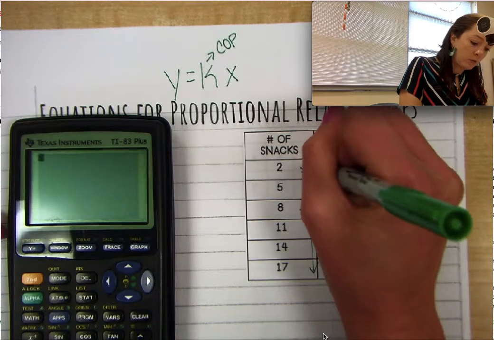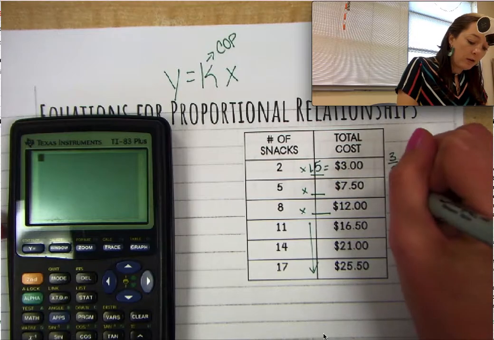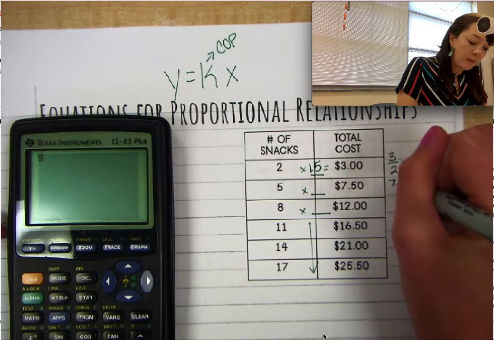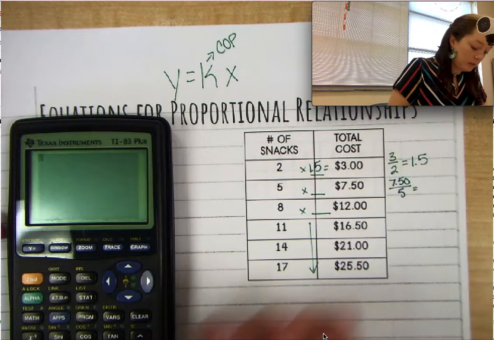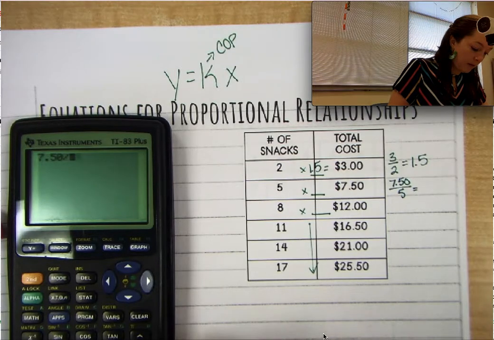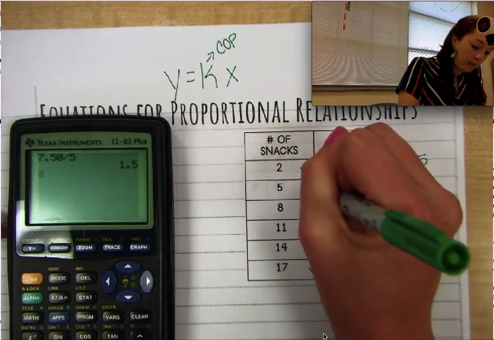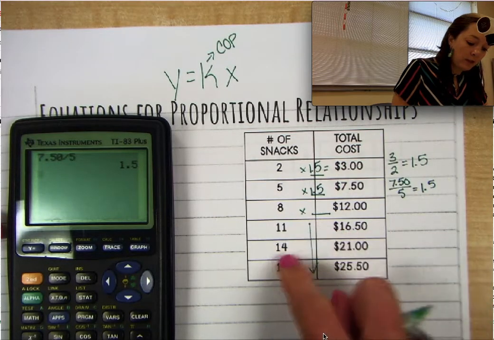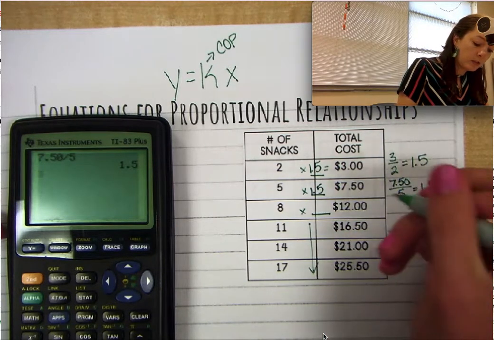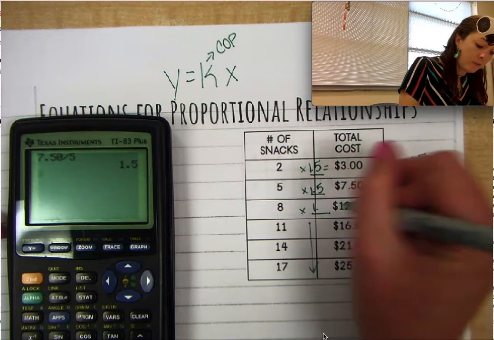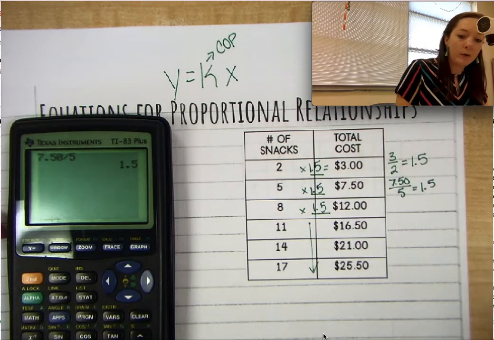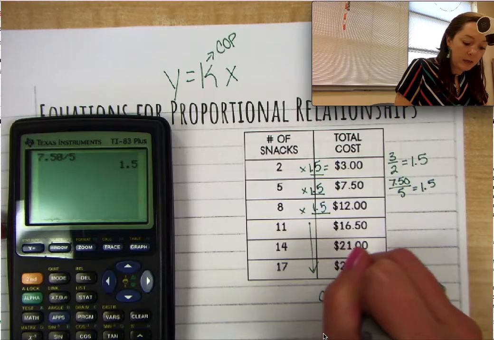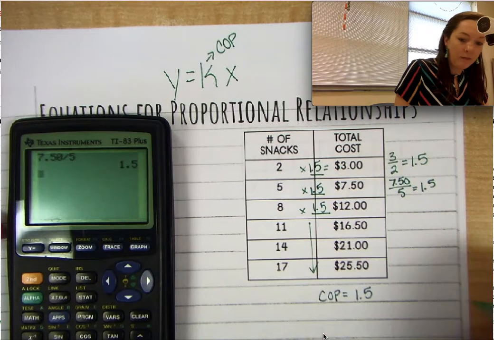Well, if I have 7.50 and 5, 7.50 divided by 5, I get 1.5 again. If I were to do 8 and 12, 11 and 16.50, 14 and 21, 17 and 25.50, I would get 1.5. So my COP is 1.5.